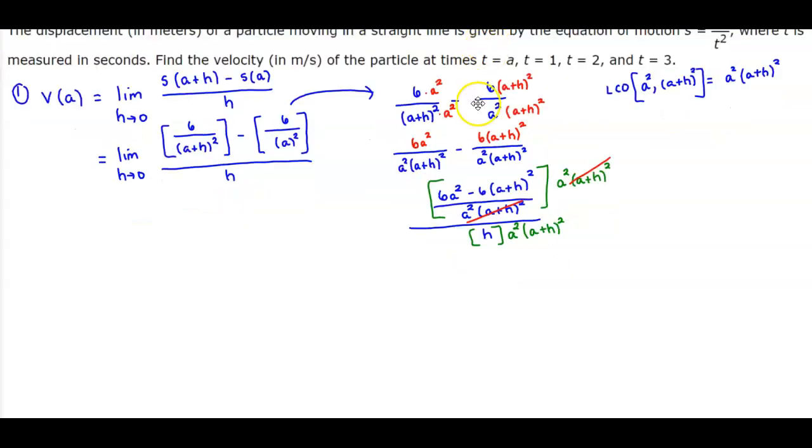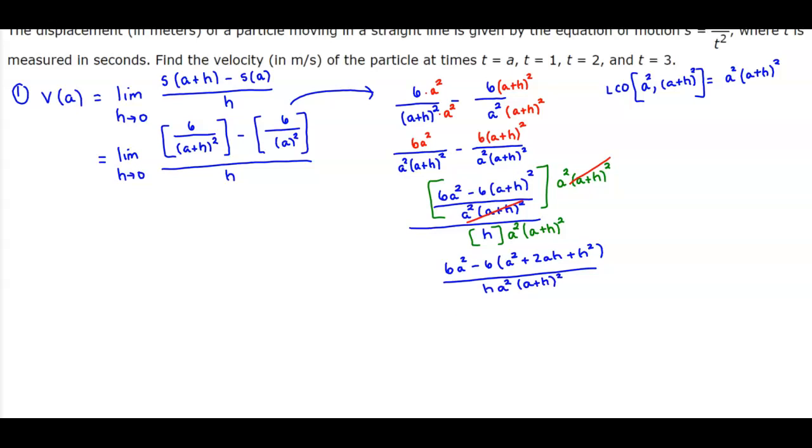and then what we get in the numerator, we can expand this a little bit. So this is 6a squared minus 6 times a squared plus 2ah plus h squared, divided by h times a squared times a plus h squared.